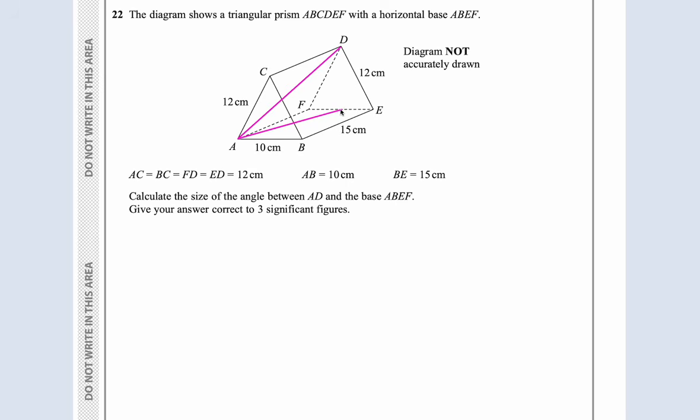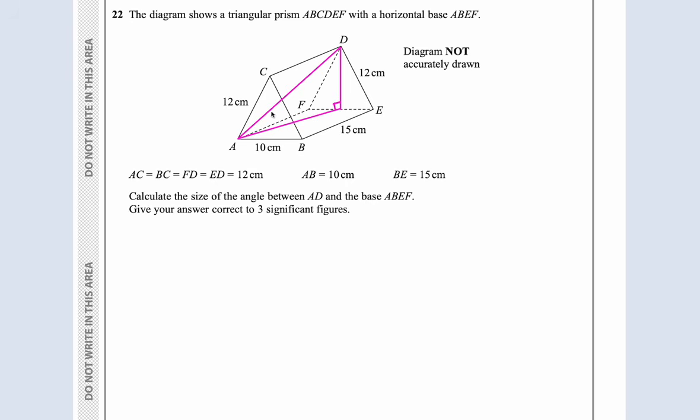And then this goes vertically up like that. Now I may as well draw it properly. This is vertically down to there, and then this to there. Now that is a right angle. Obviously it's in 3D, so it doesn't look like a right angle, but this is a right angle.